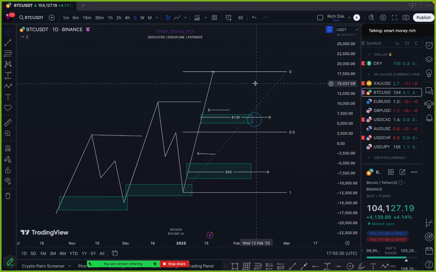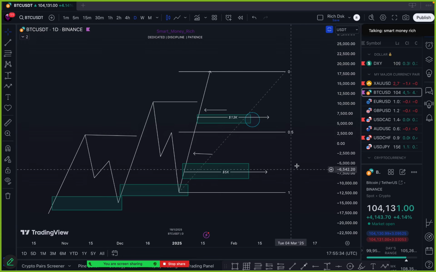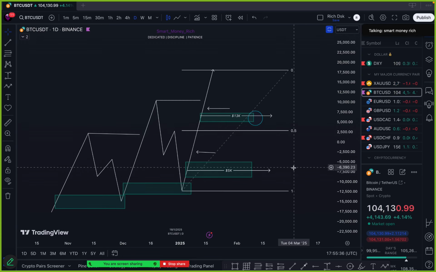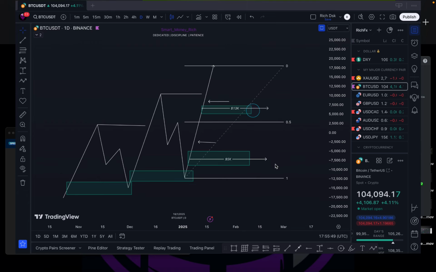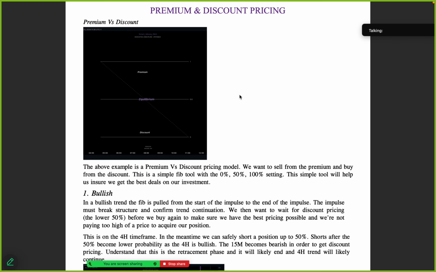So that we can know where the premium and the discount pricing is laying. Now, if you look at it, the high up here is the premium. The low down here is the discount. So let's go back to our PDF. In this PDF, up here, which is the premium, is the seller's territory.